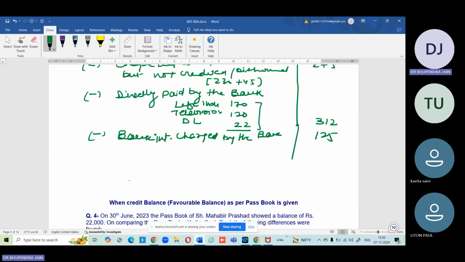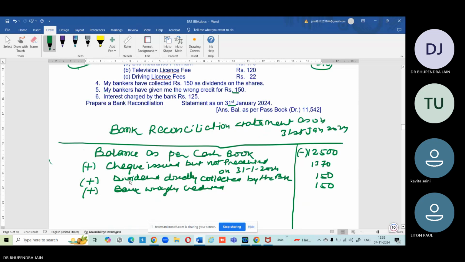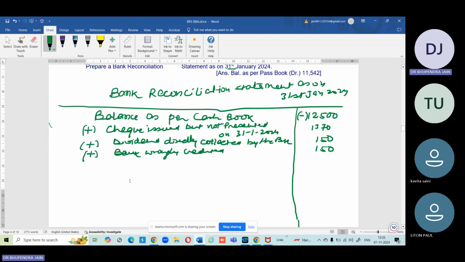Now calculate the balance. What will we write? Balance as per passbook. Now check the balance. 12,500 negative plus 1,370 plus 150 plus 150.